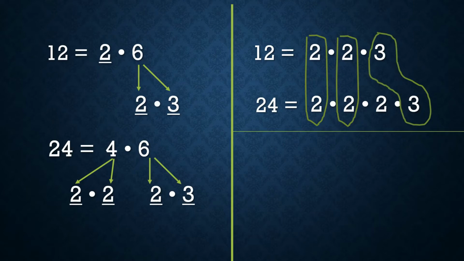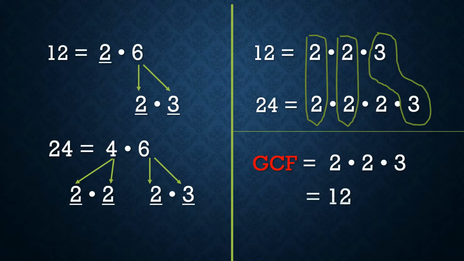So, pares silang merong 2, dalawang pares, and then isang 3. That's why, in order for us to get the greatest common factor, final step, we just need to multiply the numbers common to them, to each other. Okay, so we have 2 times 2 times 3. Okay, please take note of the symbol of multiplication, dot, malaking dot sa gitna. Okay, so yun yung ginamit ko. Okay, so 2 times 2 times 3, we have 12.